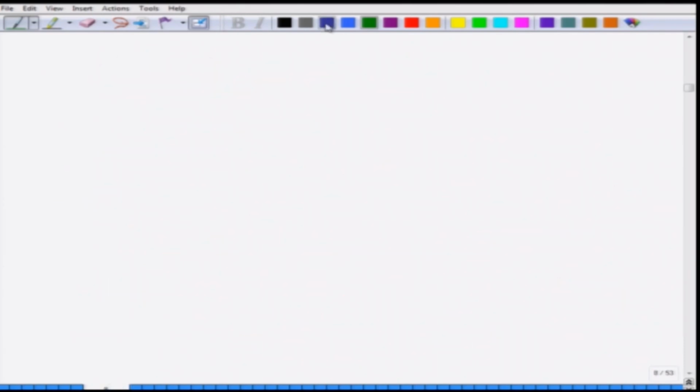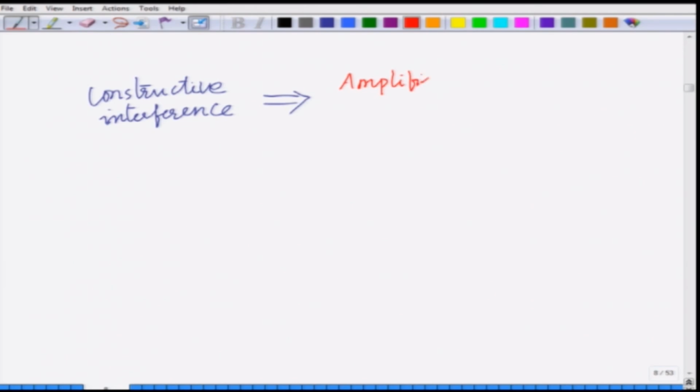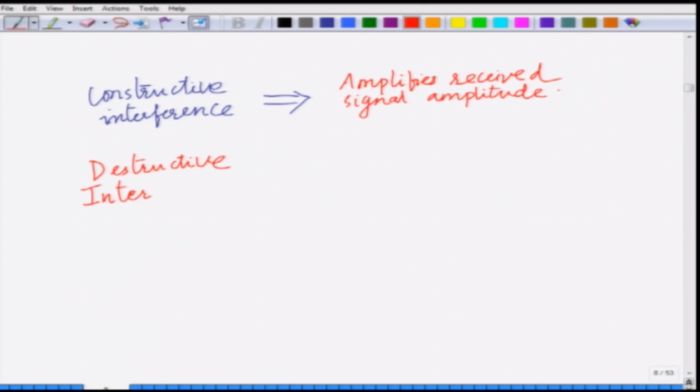So constructive interference amplifies the received signal amplitude.